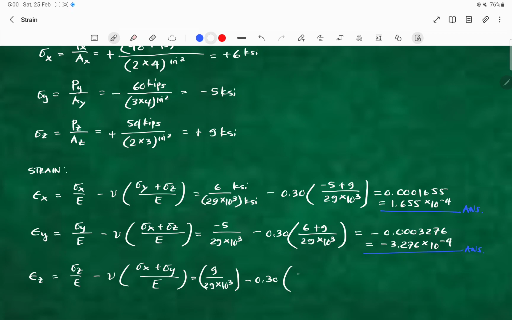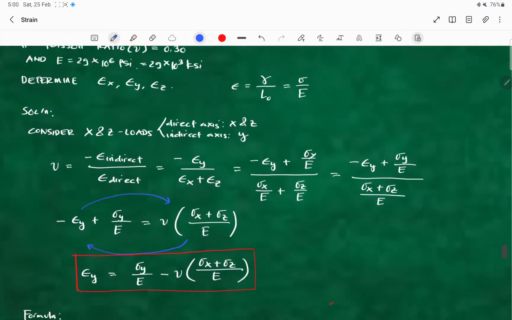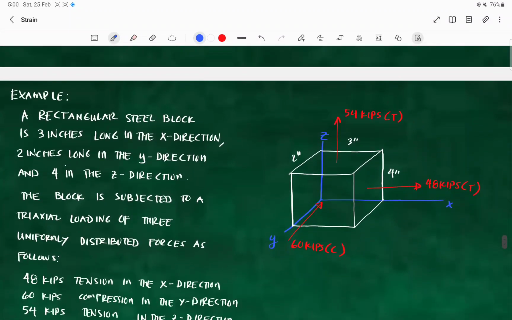Stress in X, that is 6, and stress in Y, that is negative 5. And then this is 29 times 10 to the power of 3. So this is 0.0003, or this is 3 times 10 to the negative 4. And ito na yung sagot. Okay, so I think that's it, no, for triaxial loading na under Poisson ratio.